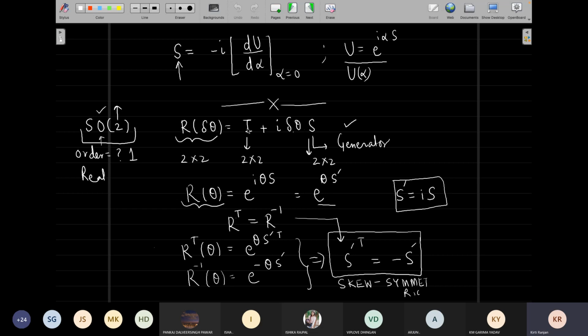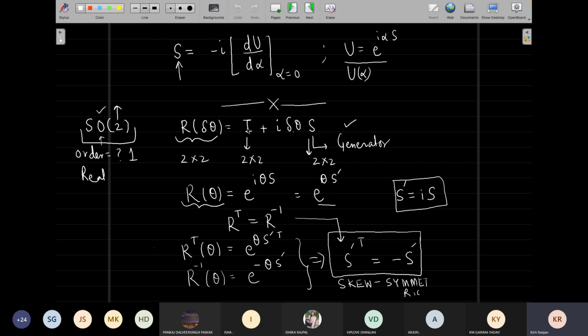Why theta equal to 0 is a very natural question. I am studying the whole group not by varying theta from 0 to 2 pi, but just by studying theta equal to 0 and doing a very small variation around this. Why does this variation take place? It is because of the generator. There exists a generator which generates this.